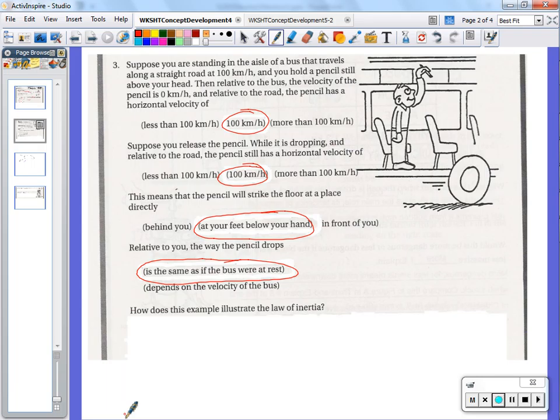So you're running. So let's say you can run 10 meters per second, okay, which is pretty fast, but that's not out of the realm of human possibility. Okay? 10 meters per second, and the bus is going, let's say, 40 meters per second, which is pretty fast, but that's okay.